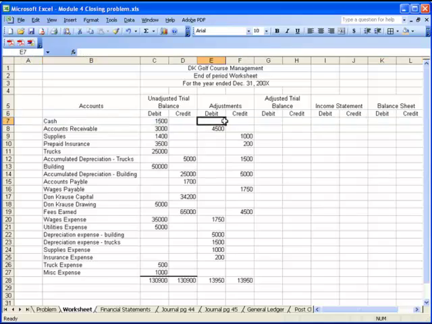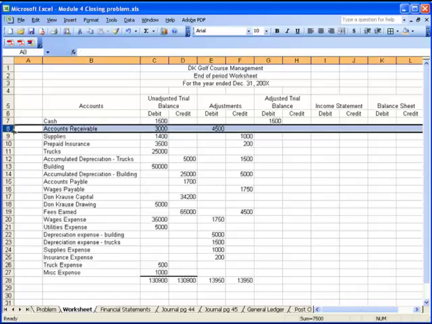There were no adjusting entries. That means our adjusted trial balance for cash is a debit of $1,500. Now we move on to the next row, accounts receivable. We started with a $3,000 debit balance. We did an adjusting entry of $4,500 debit.